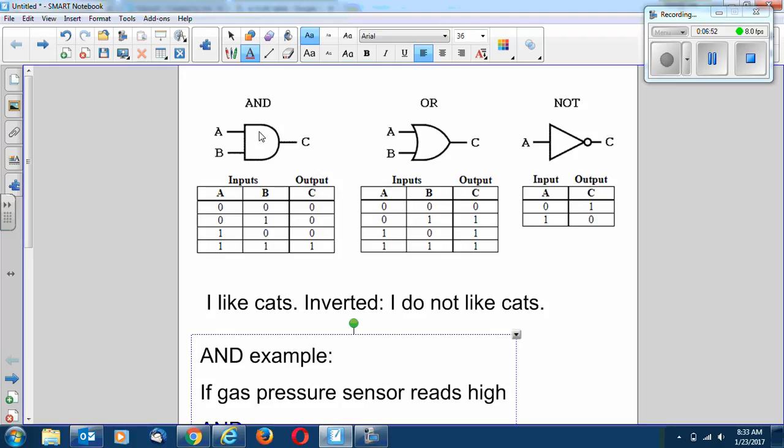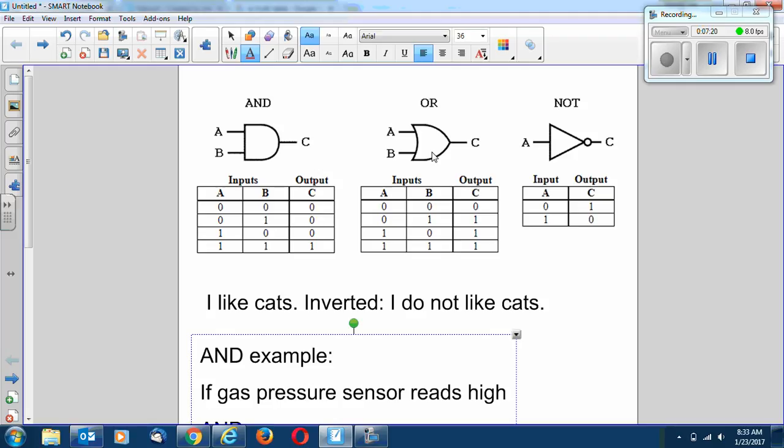And OR gate is a choice, this or that. So for example, I send someone to the store and I tell them, bring me a hamburger or a hot dog. You will notice that it is true. If the person brings me neither, he of course didn't do what I asked him to do. But if he brings me a hamburger, that's fine. If he just brings me a hot dog, that's fine.